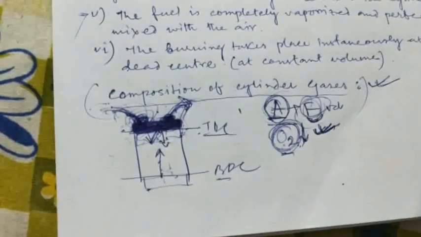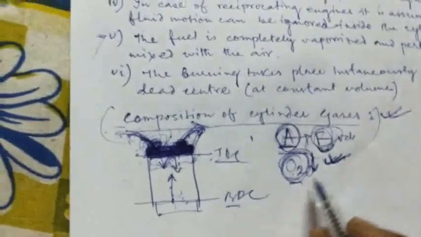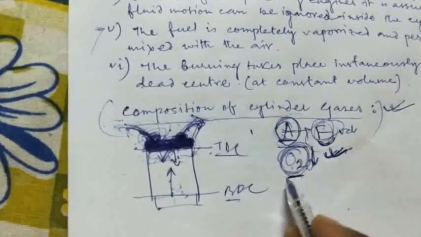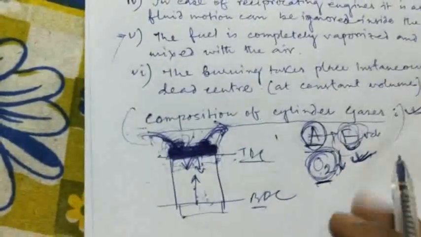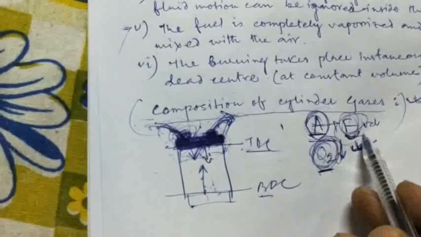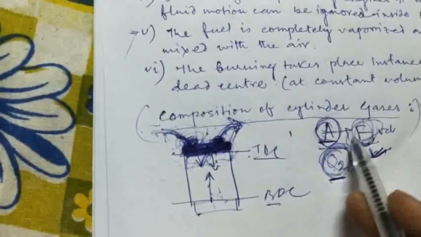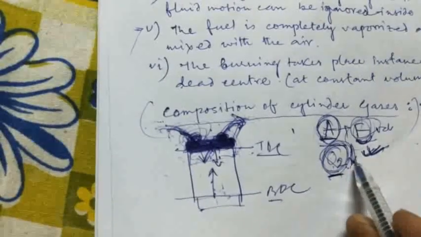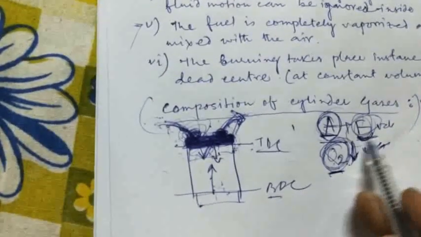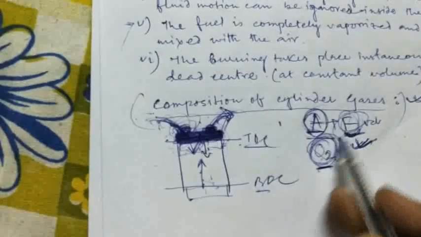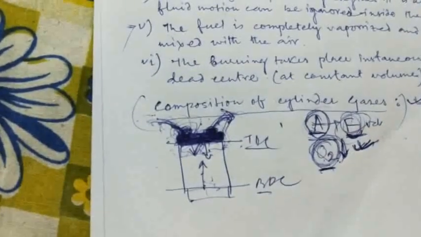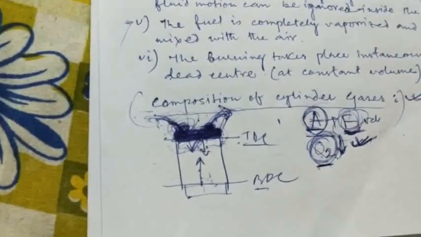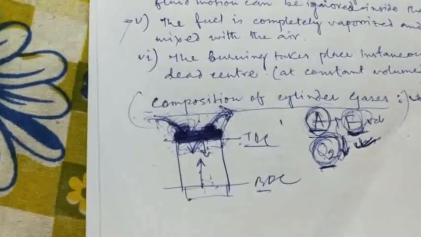So as we know, oxygen quantity is a crucial thing for burning the fuel. Whenever air plus fuel vapor is introduced, if oxygen quantity decreases, we cannot burn all the fuel. There will be some amount of fuel which will be unburned, and this unburned fuel is our direct heat loss.